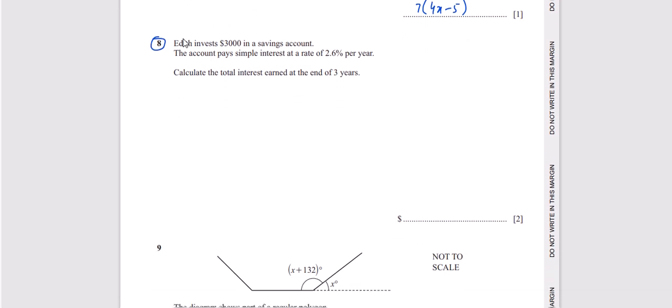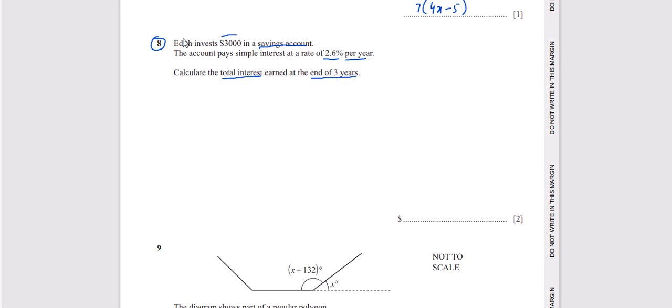Question number 8. Edith invests $3,000 in a savings account. The account pays simple interest at a rate of 2.6 per year. Calculate the total interest at the end of 3 years. So first of all we write the data.